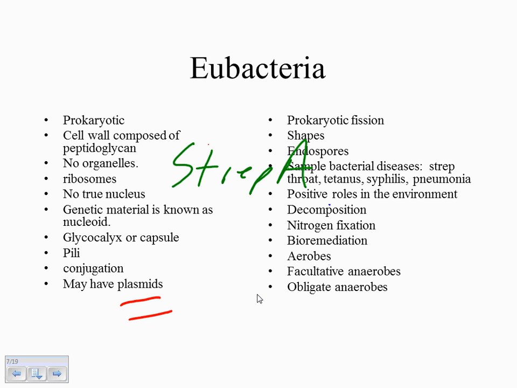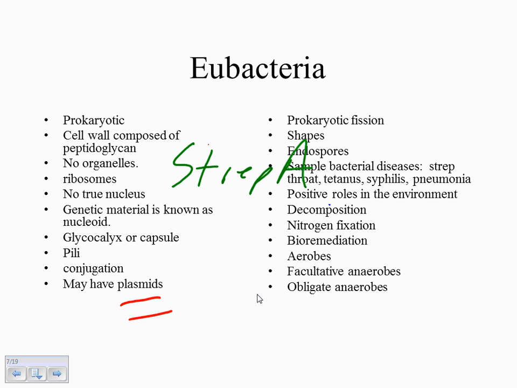Syphilis, the STD, obviously caused by bacteria, therefore treatable with what? Pneumonia. Not all forms of pneumonia are bacterial, but the most common ones are. And maybe one that I should have put up here that I didn't. That's one of the diseases that's killed more humans than most.